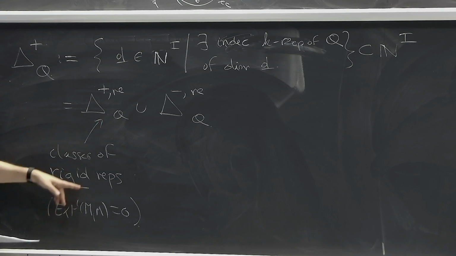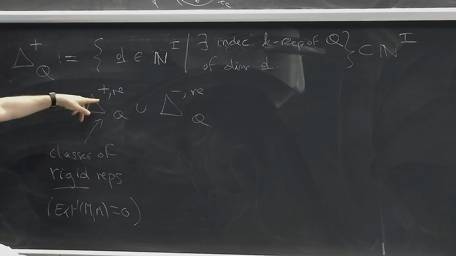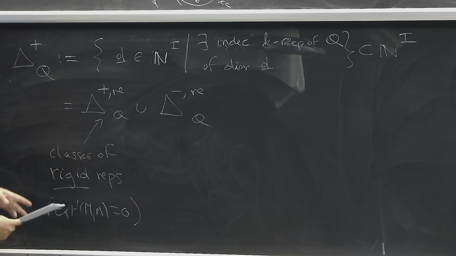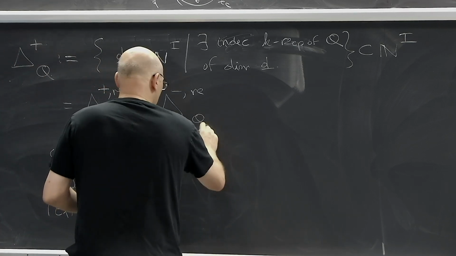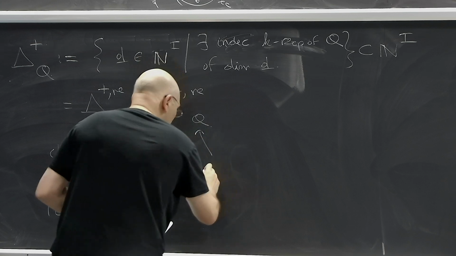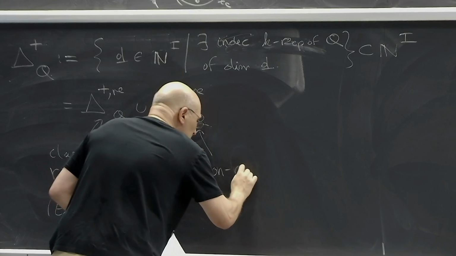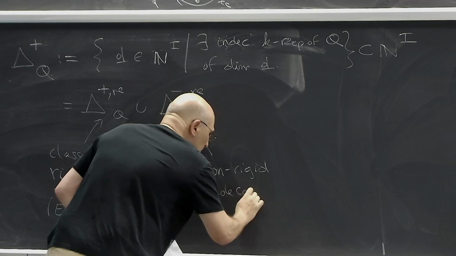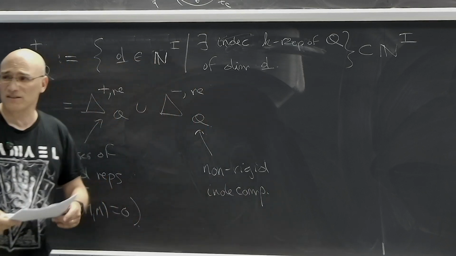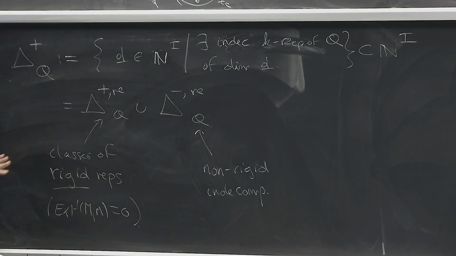You have to show maybe that if there's one in this corresponding dimension, then all of them are like that, and then there would only be one. And this would be non-rigid indecomposables. Okay, so this is purely representation theoretic, I mean, quiver theoretic.